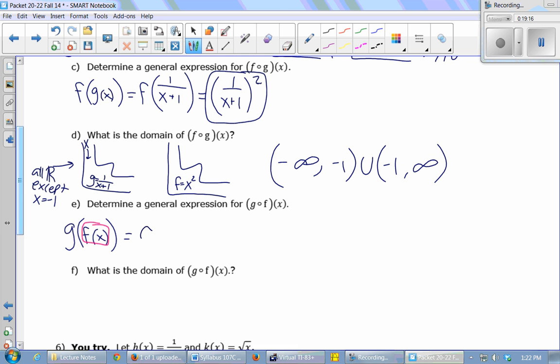So this becomes G of X squared. All right, and then that means plug x squared into the formula for G. All the x's in the formula for G get replaced with x squareds, and the formula for G was 1 over x plus 1, so it's 1 over x squared plus 1.